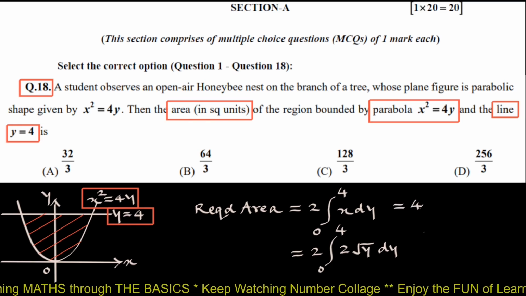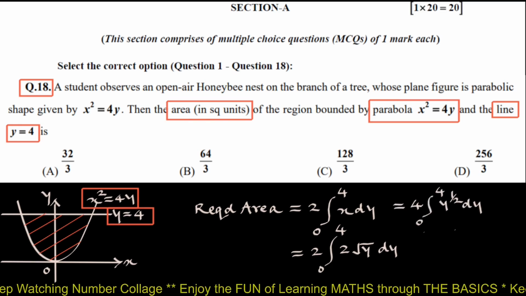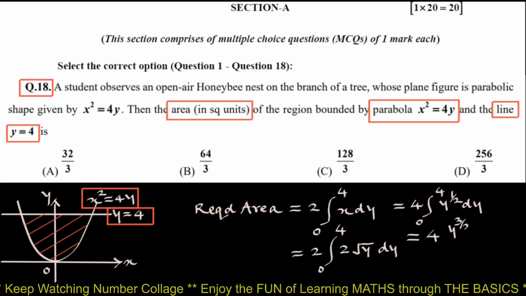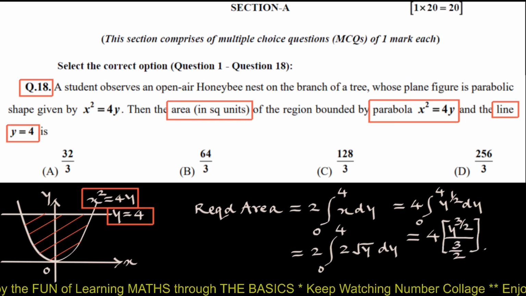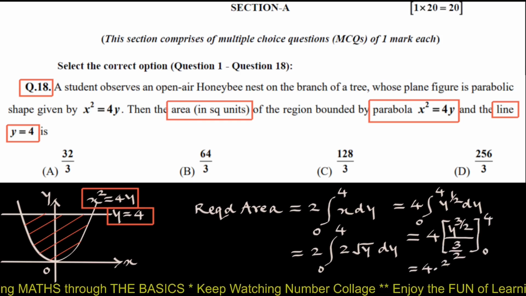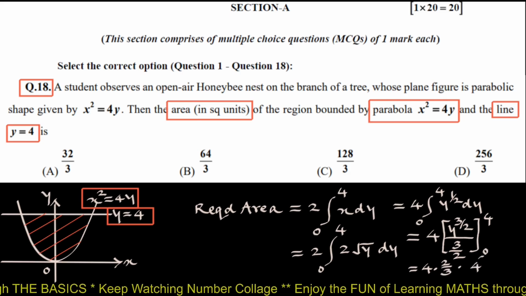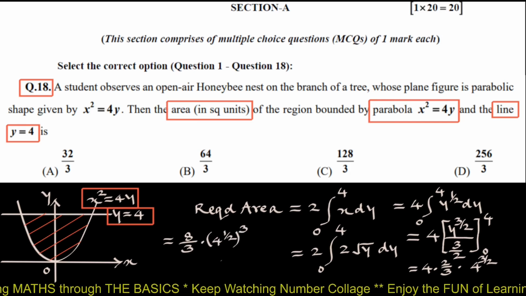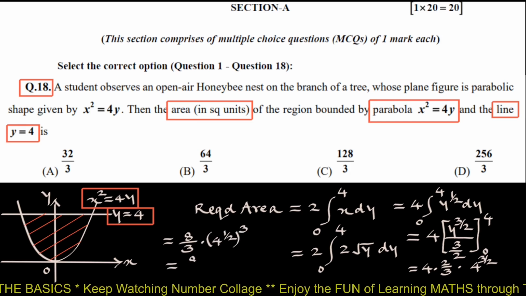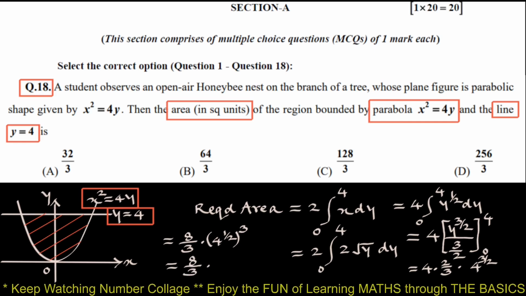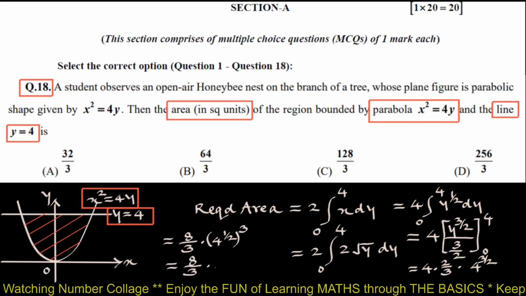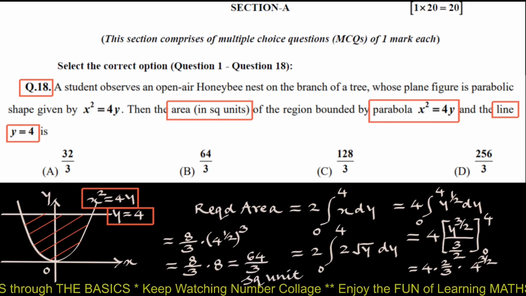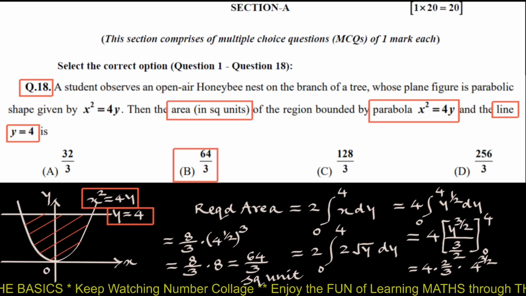This is 4 times the integral of y raised to half dy, which is 4 times y raised to (half plus 1), that is y raised to 3 upon 2 upon 3 upon 2, from 0 to 4. That is 4 into 2 upon 3 into 4 raised to 3 upon 2, which is 8 upon 3 into 4 raised to half, raised to 3. That is 8 upon 3 into the cube of the square root of 4, which is 2, and the cube of 2 is 8, which will be 64 upon 3 square units. So the correct answer is option B, 64 upon 3.